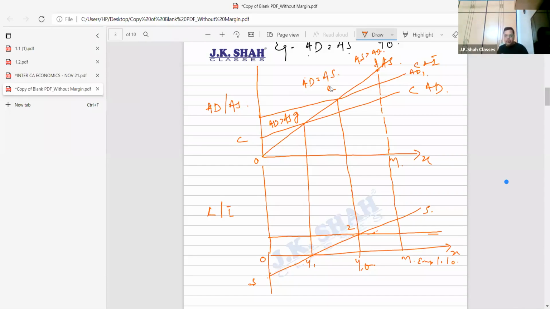Clear? I'll give you a small note, and then you'll have to draw this diagram, because what is given in those notes may not be very clear. Please note down. Two-sector model of national income determination.